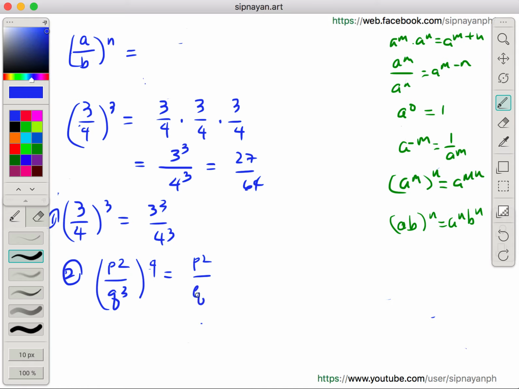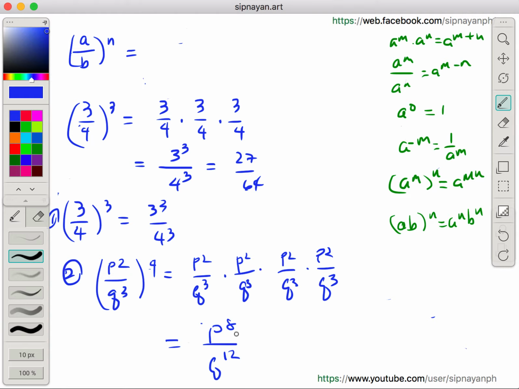So magiging p squared times p squared times p squared times p squared is p to the 8th. And then ito, q raised to the 12th power.